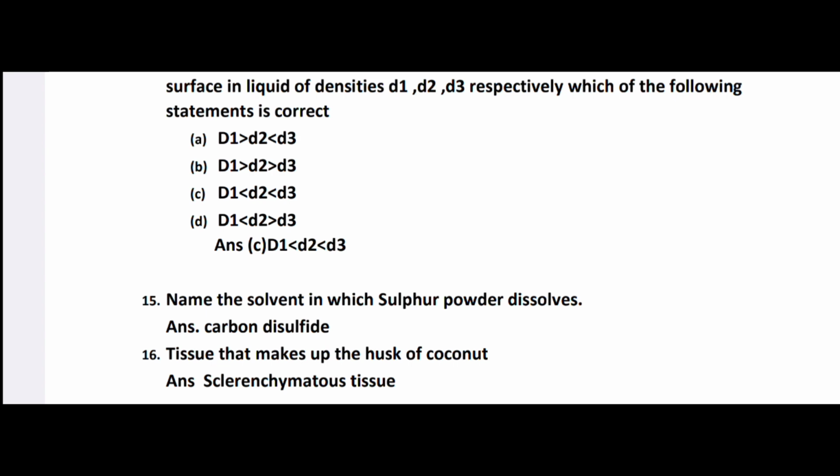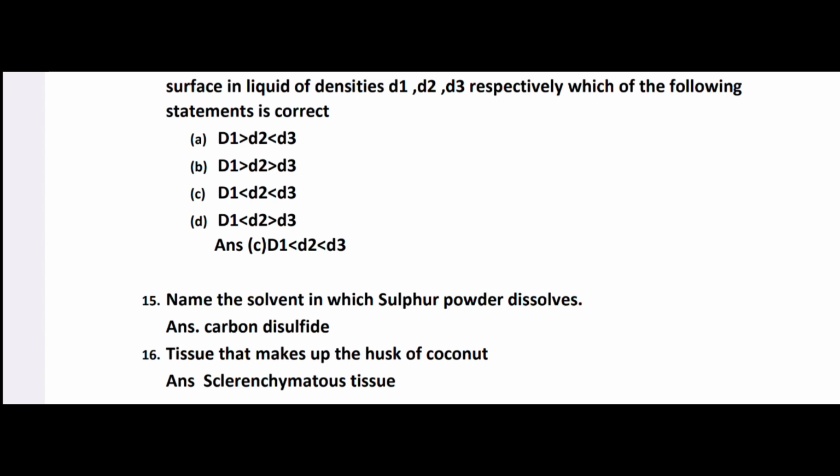Now look here. Observe this pattern: 1 by 9, 2 by 11, 3 by 7. Here D1 is 1 by 9, D2 is 2 by 11 and D3 is 3 by 7. So the increasing order is the right one because the more the density, the more the volume outside.